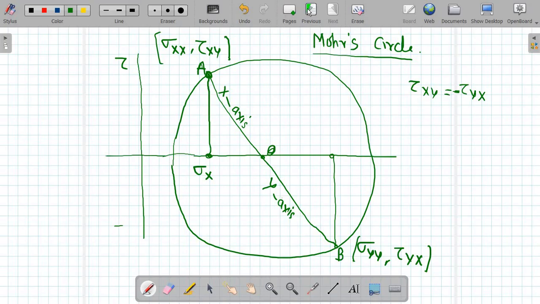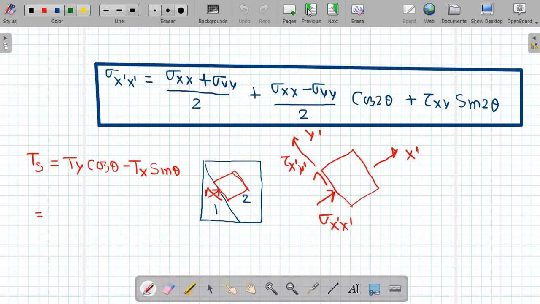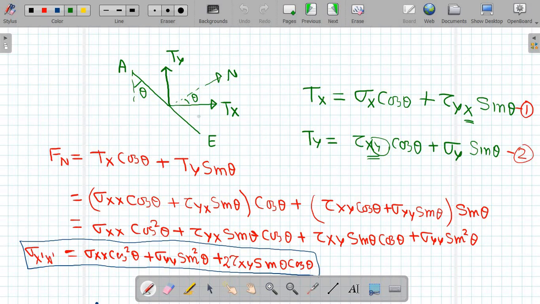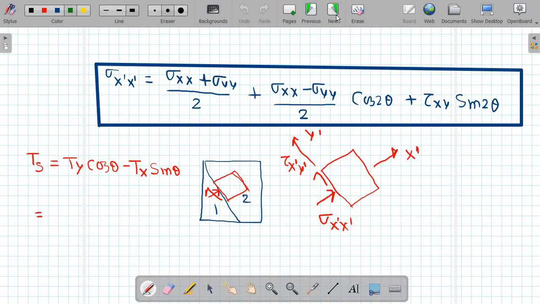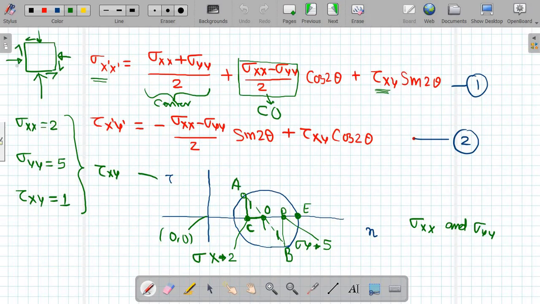Now what we are doing in our case, we are finding out x stress in x dash direction. So x dash direction is making theta degree counterclockwise with respect to x axis. So here if you look at this expression or that expression, you are finding that it is having a 2 theta concept. You can convert into a theta also.